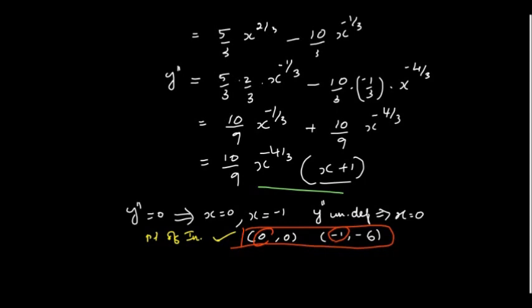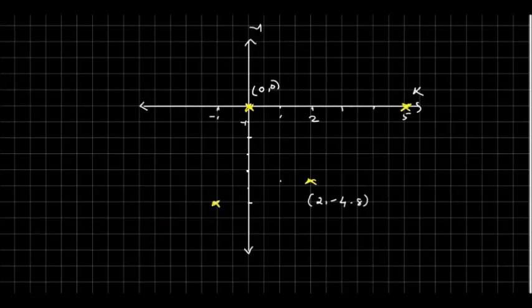We have got them as 0 0 and minus 1 minus 6. In this 0 0 I already marked, and this is the minus 1 minus 6 point, again a point of inflection. Let us write here, on this side, minus 1 minus 6, this is this point.